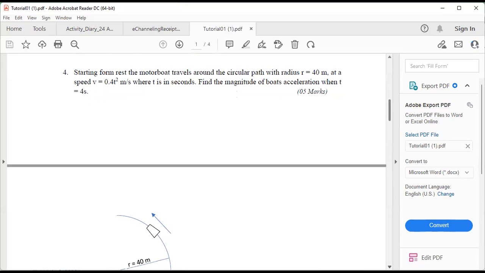Get the value of centripetal acceleration and the tangential acceleration, then square it. What kind of coordinate system are you going to use? Cartesian or polar?